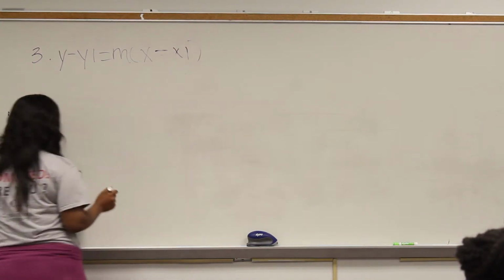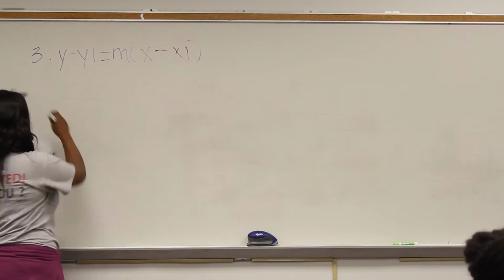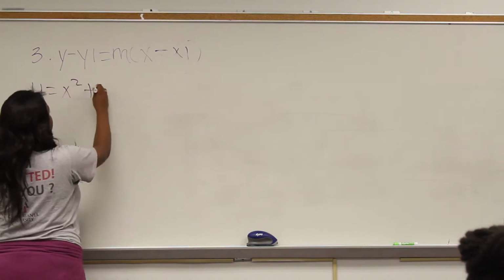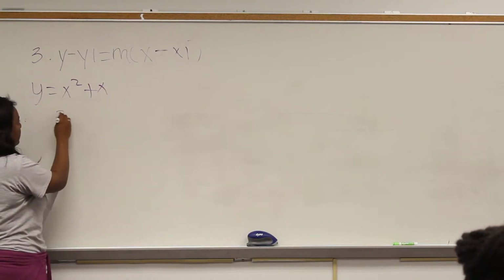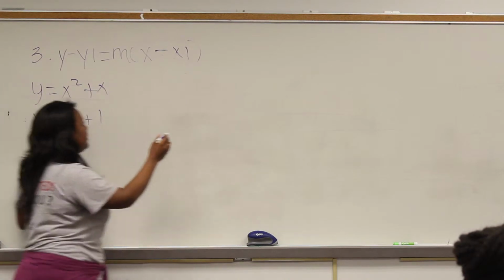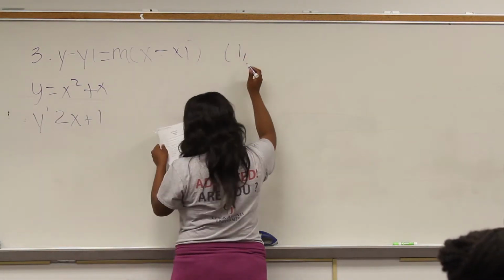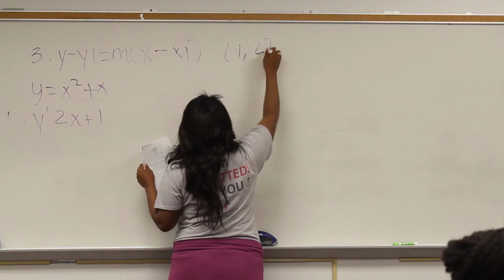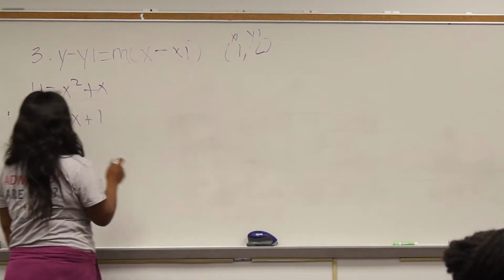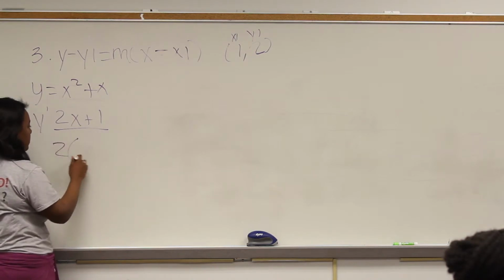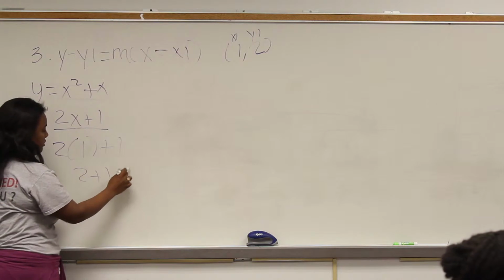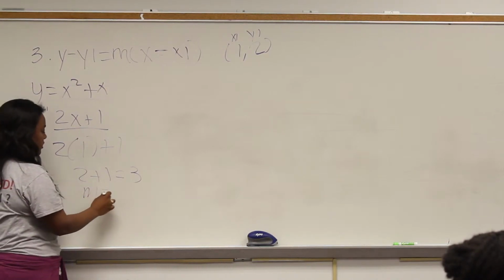And then you take the derivative of y equals x squared plus x, which would be 2x plus 1. And then since your point is 1, 2, initial x1, initial y1, you plug x1 into the equation, which is 3, and your slope is equal to 3.